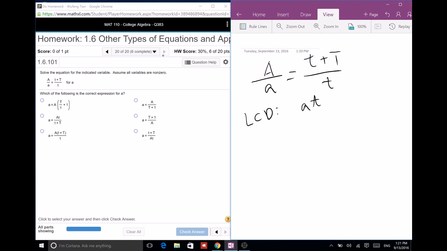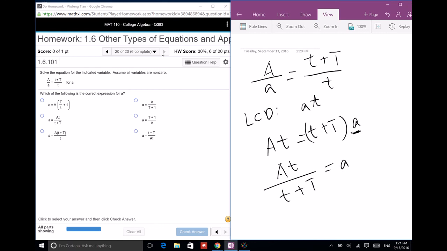For the first one, T cancels out, and you have a times t. For the second one, t cancels out, and you have t plus big T multiplied by a. Then you want to isolate the small a, so you divide both sides by small t plus big T. I think then you know the answer: this one.